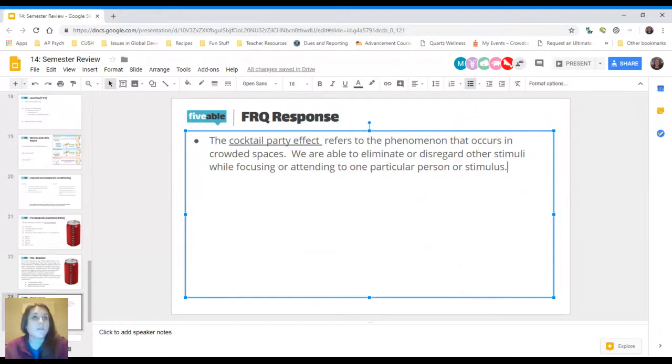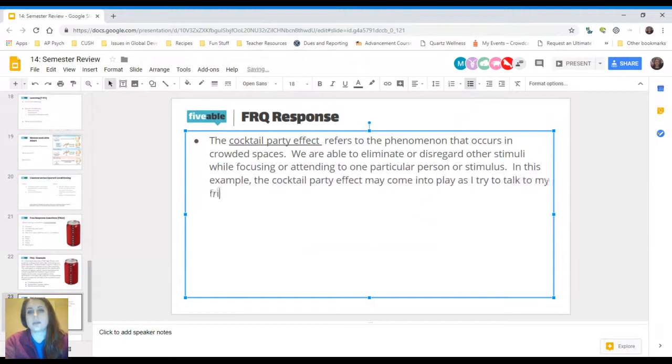It allows me to focus my attention on one given thing, even though I'm in this gym with this crazy loud pep rally going on. So now I need to give an example of how this may relate to the prompt. In this example, the cocktail party effect comes into play as I try to talk to my friend during the pep rally.